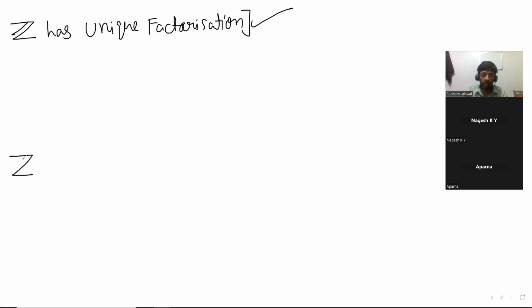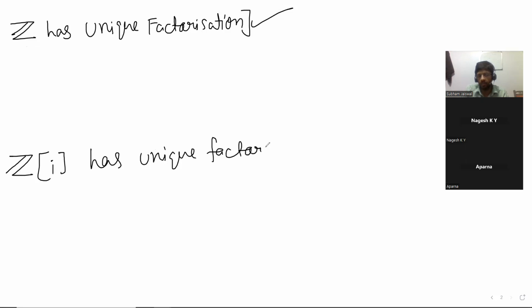this kind of technique can be used in many places, like a tool in number theory. This has unique factorization. But you should ask, what does it mean for something to be prime in this?